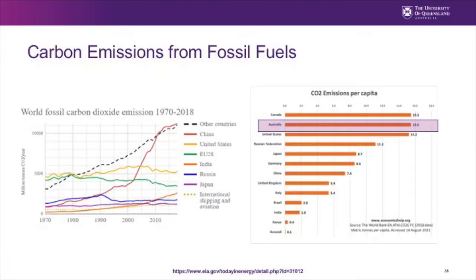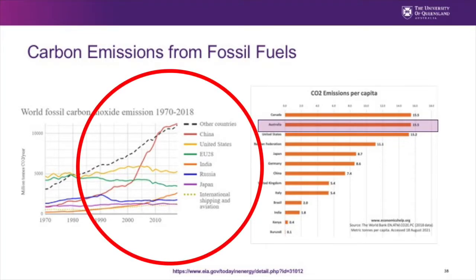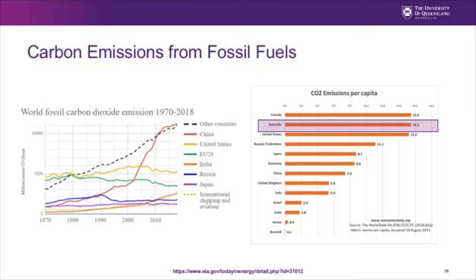Here I'm showing you something that is not new to you, the carbon dioxide emissions from fossil fuels for each country, showing the main ones. And you know that the main emitter is China, followed by United States, and then all the European Union grouped together, then India, Russia, Japan, etc. But this is very interesting, and this is where the discussion starts.